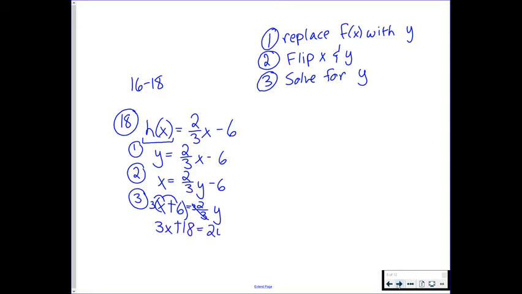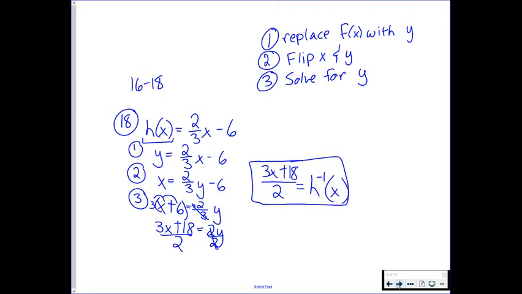You can distribute that through. On the right side, now I still have 2y. To get rid of the 2, I'm going to divide both sides by 2, which gives us (3x plus 18) over 2 equals the inverse function, h inverse of x.